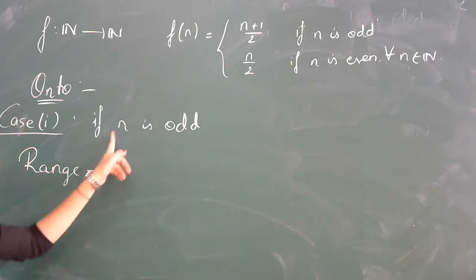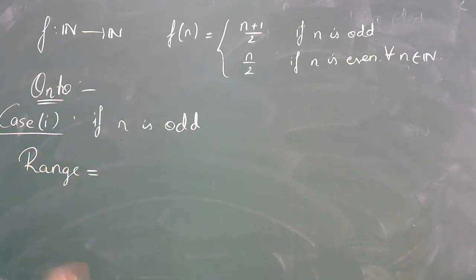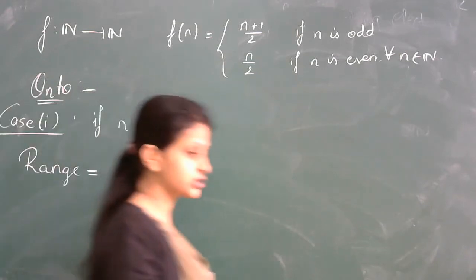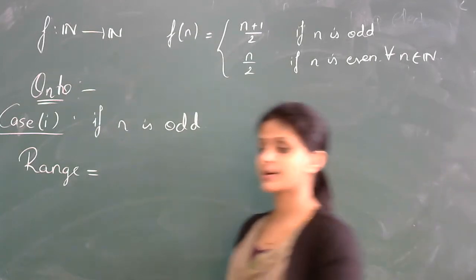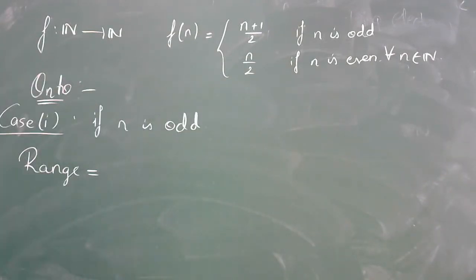So if n is odd, what will the range be equal to?